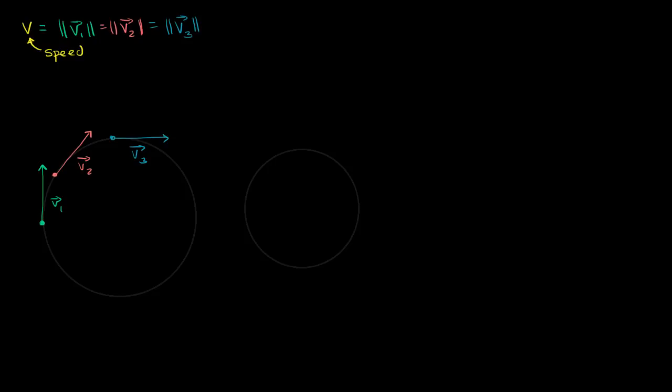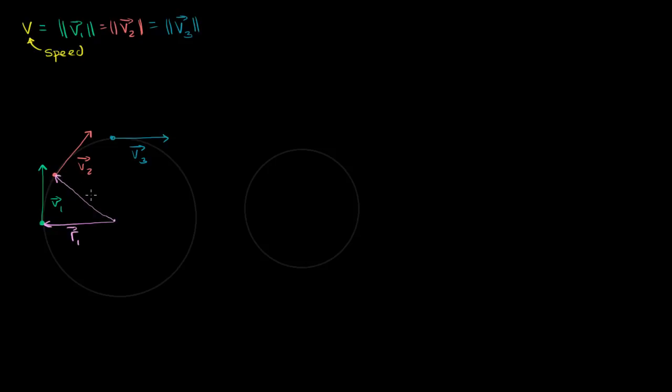And we're going to assume that it's traveling in a path in a circle with radius r. What I'm going to do is draw a position vector at each point. So let's call r1. Actually, I'll just do it in pink. Let's call r1 that right over there. That's position vector 1, r1. That is position vector r2. So the position is clearly changing.